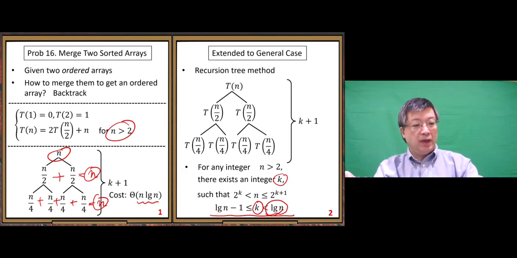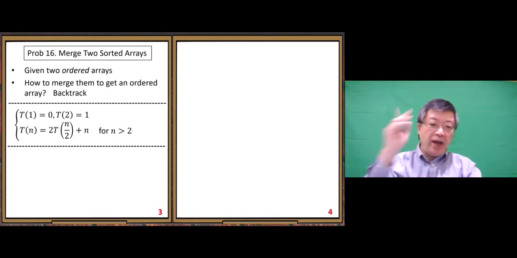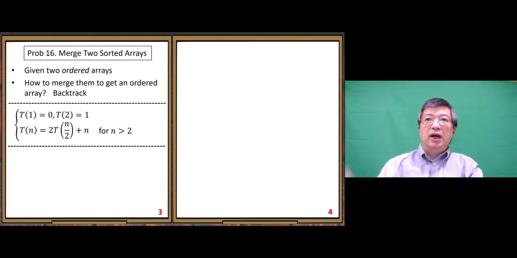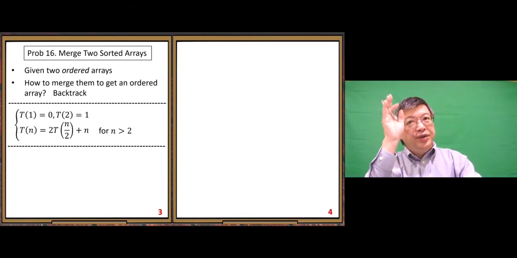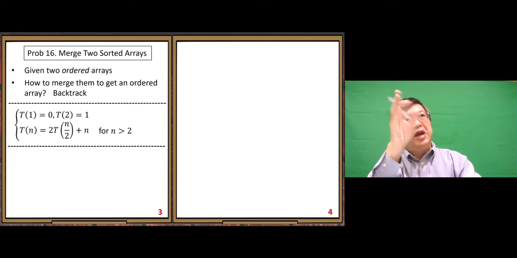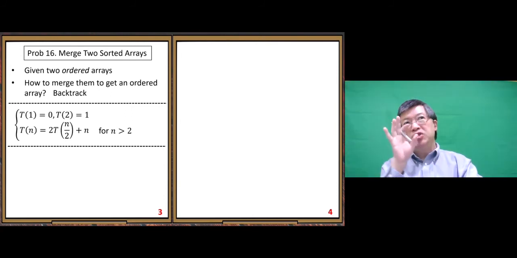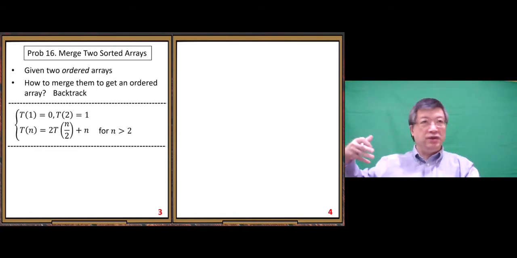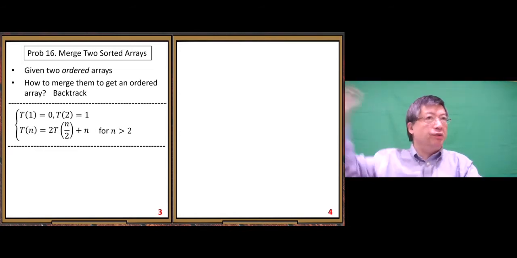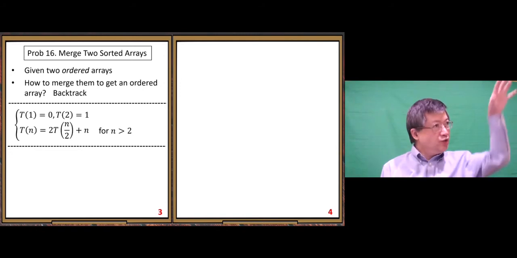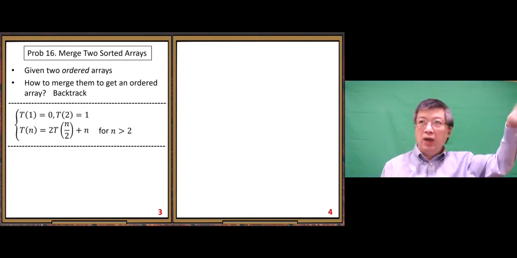But next, I want to use the smoothness rule to get the same result, but using a different tool. The recursion tree is one tool.